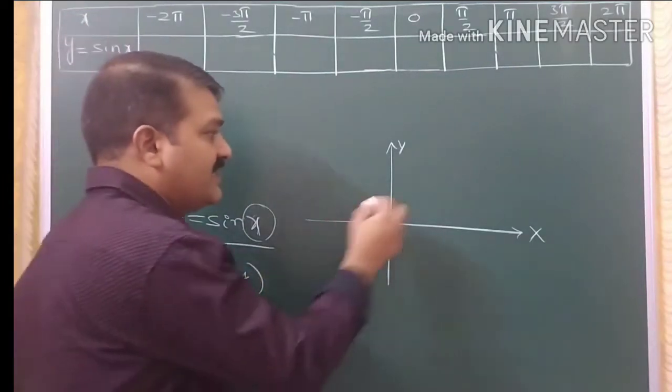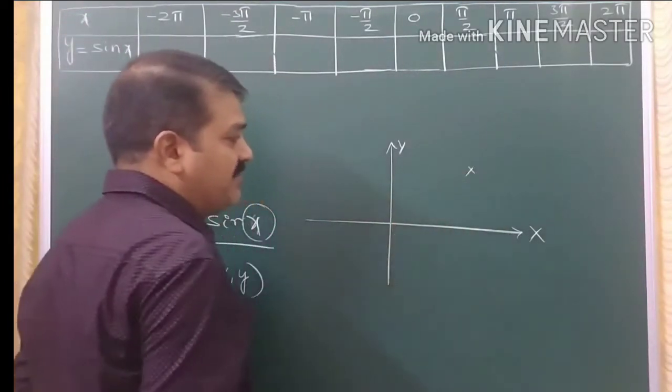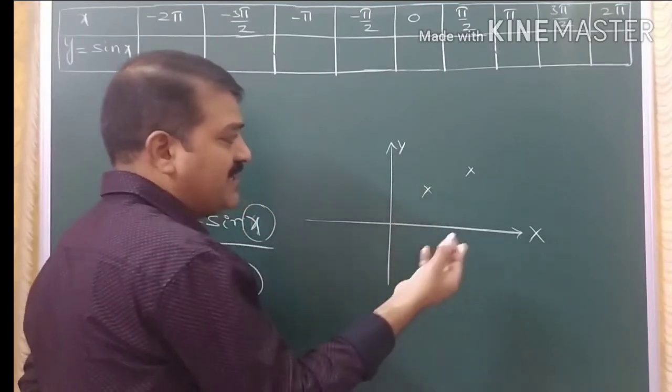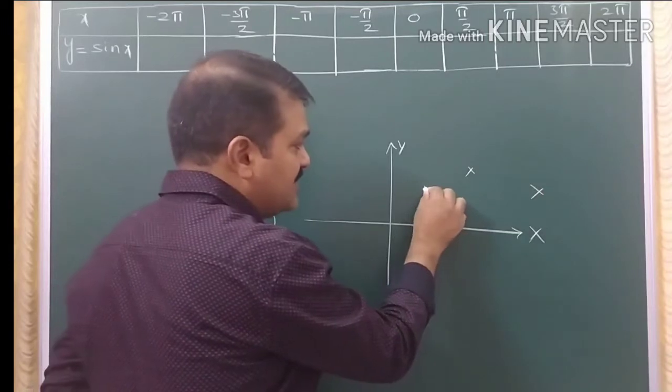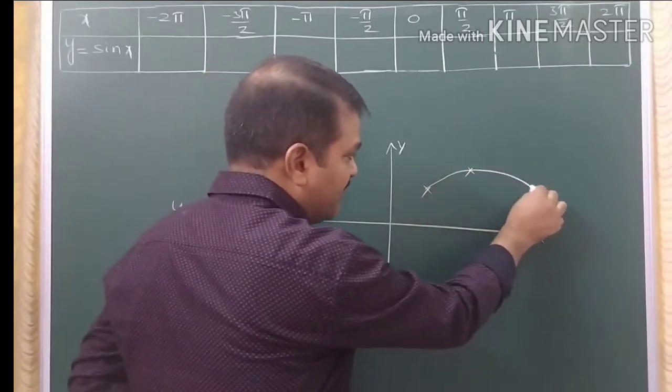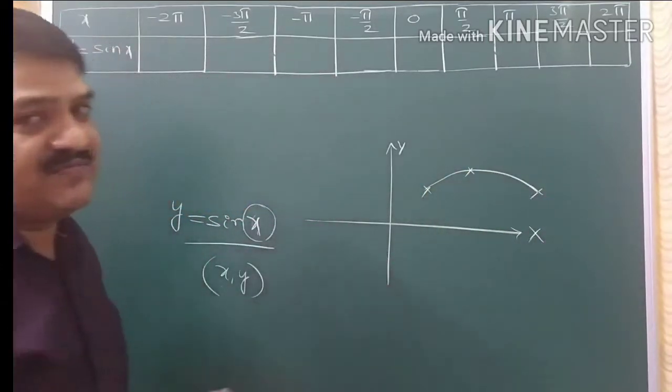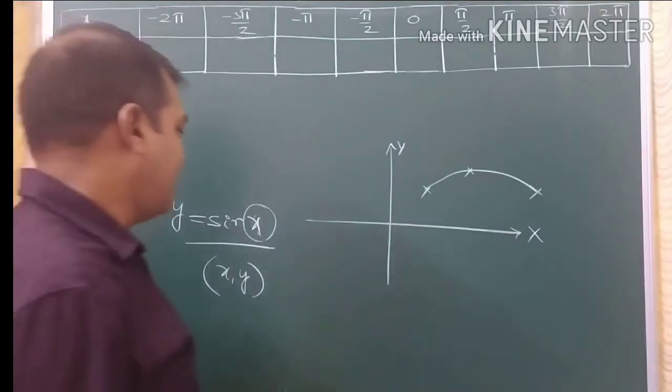These points will be plotted on the coordinate plane like this, and by joining these points by a smooth curve we get the graph of trigonometric ratios. That is a simple example.